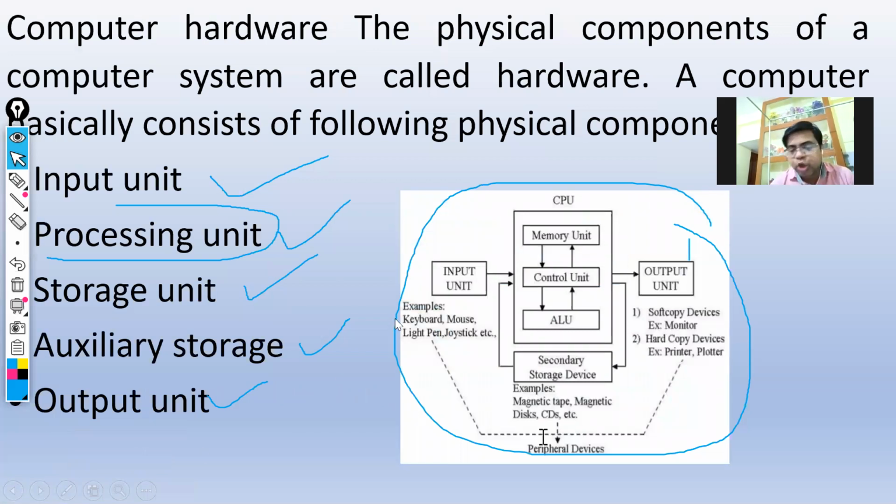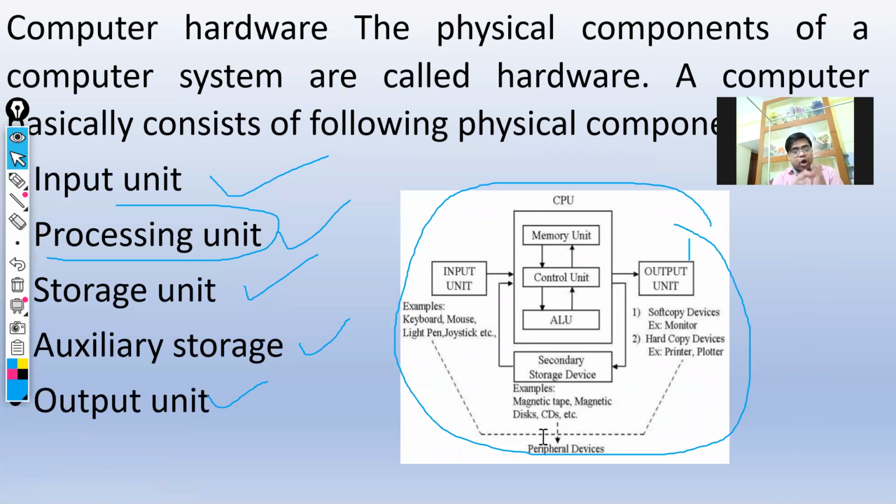It controls the sequence of operations within the computer. It gives commands to other parts of the computer. It controls the use of main memory for storing data and instructions.